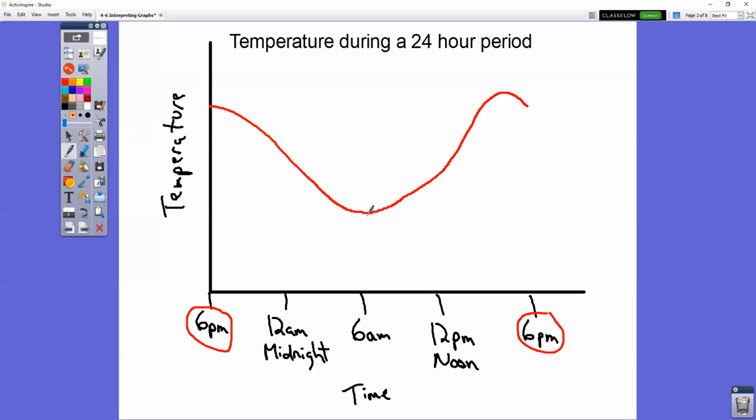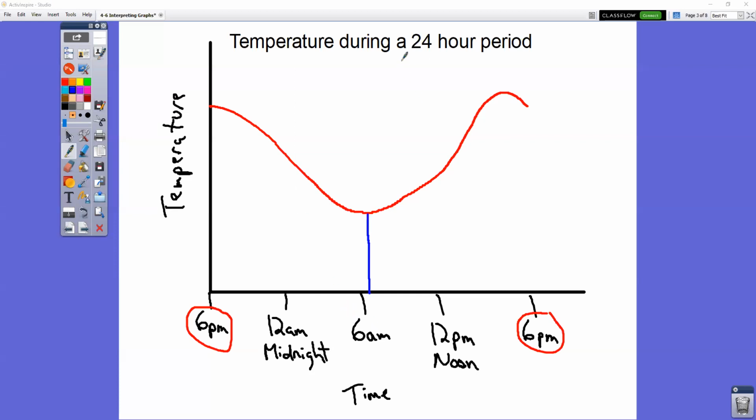My graph looks like it's the lowest right here. If I draw a straight line down from there, it's just slightly after 6 a.m., according to my graph. Now, again, on your state test, these might be multiple choice questions, so you just have to pick out the most appropriate answer, based on what they give you.